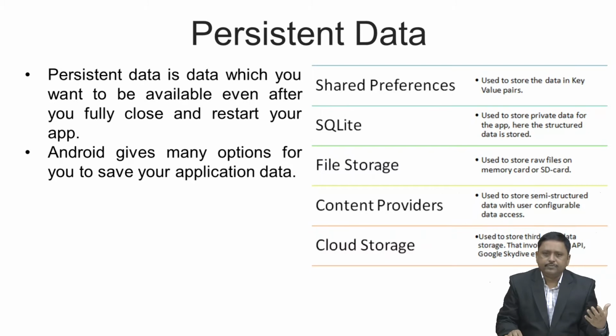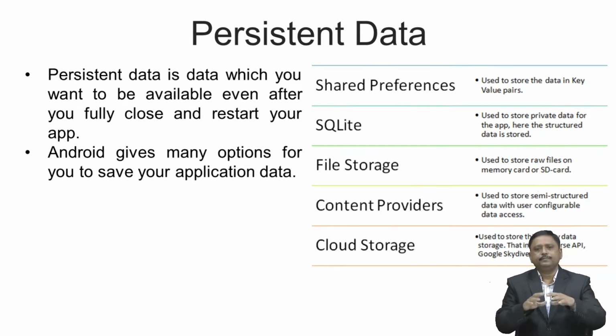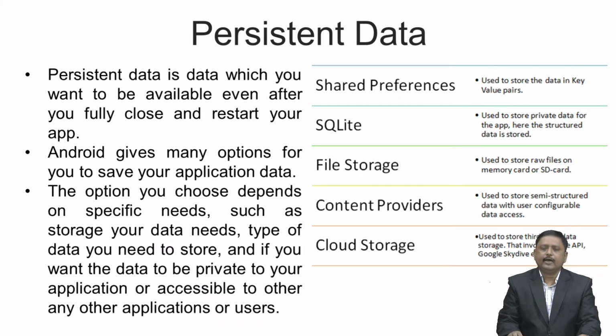Another type of option available is cloud storage. Cloud storage, as its name suggests, used to store data on cloud space, which may be provided by some third party. So, we see there are many options available to store persistent data in Android.